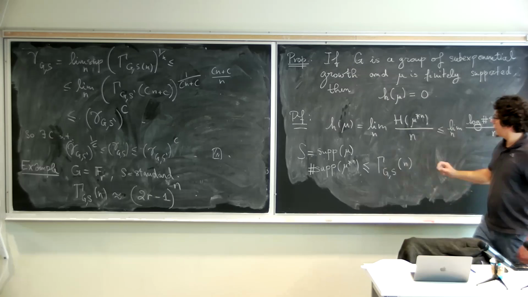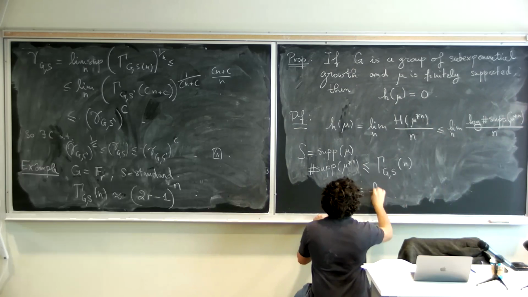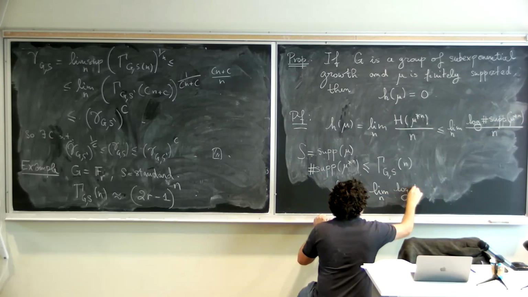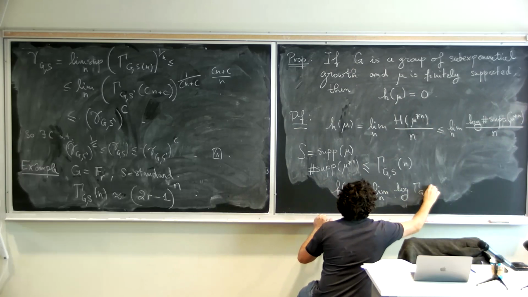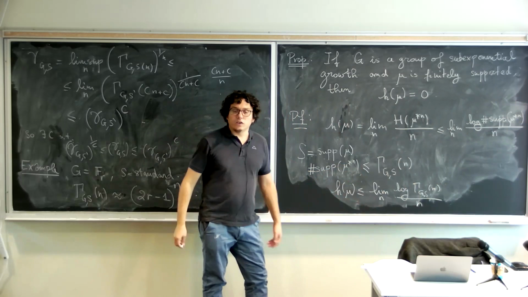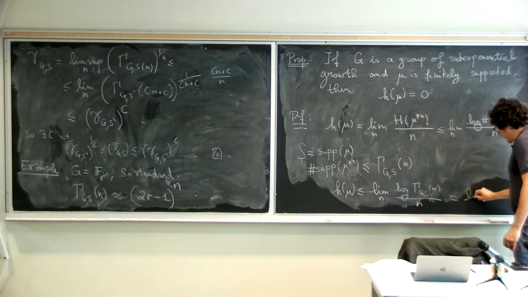And so h of mu is less or equal than the limit of log of gamma G, S n divided by n. And this is just the log of small gamma, which is 0.